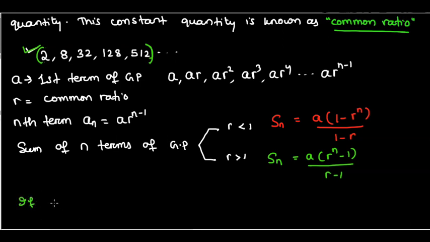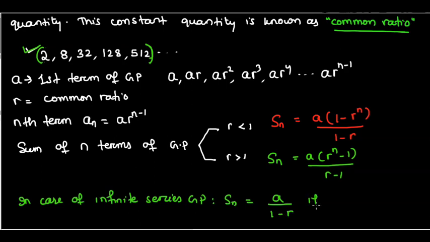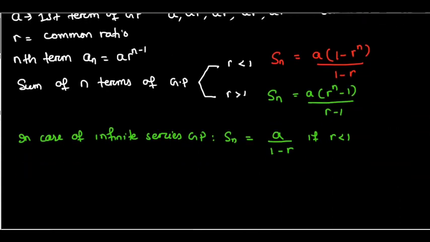In case of infinite series GP, what is Sn? Sn is equal to A by 1 minus R if R is less than 1, and Sn will be equal to A by R minus 1 if R is greater than 1.